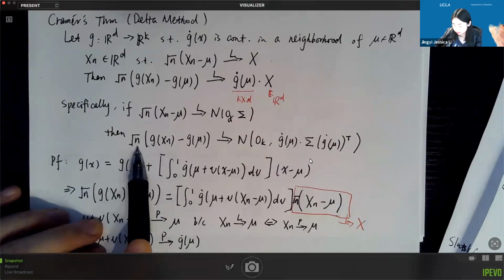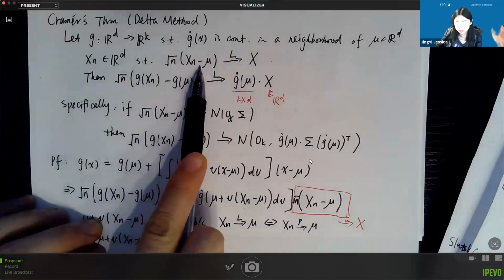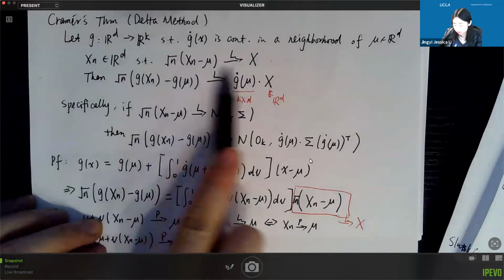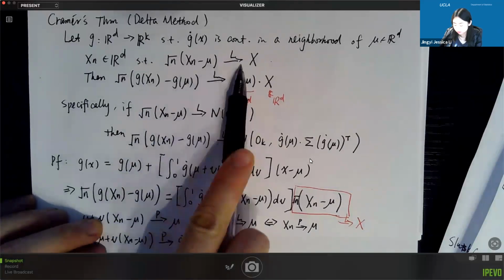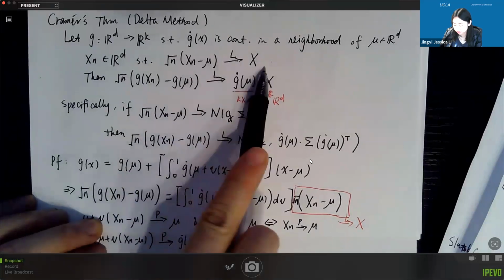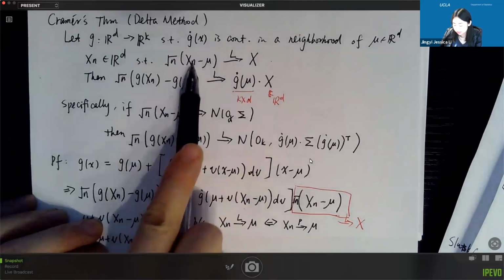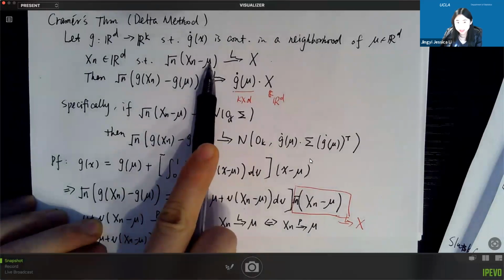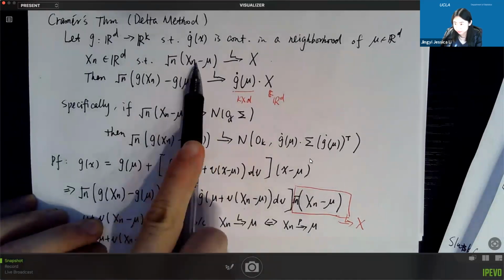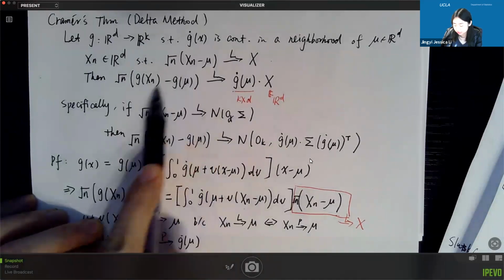So we look at this general form. We have this convergence of Xn in law, right? This is about the asymptotic distribution of root n times Xn minus its mean mu. Then what we do is apply a transformation or function g to Xn, and we are interested in its asymptotics.